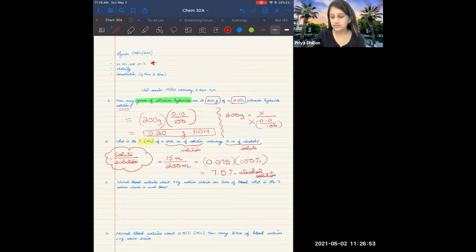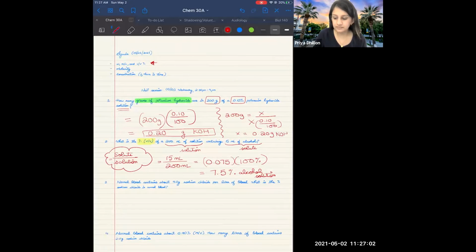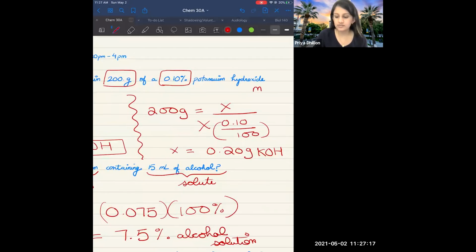And then you just cross multiply to get the x, which is still going to be 0.20 grams of KOH. Now, this one is just the abbreviated way. And you can see that it's mass over volume, because this is my mass, this is technically my volume, and then you get the answer.